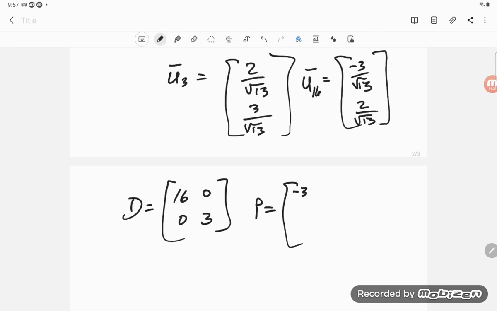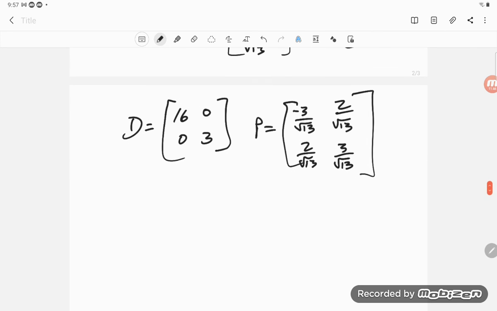So negative 3 over the square root of 13 and 2 over the square root of 13. And then 2 over the square root of 13 and 3 over the square root of 13. And there is our D and our P. And so that says that I could write my A as P, D, P transpose.